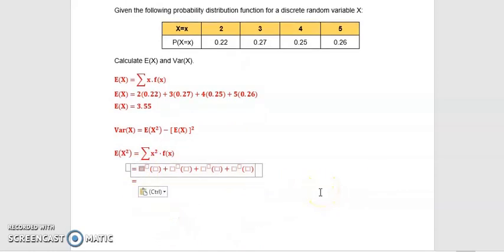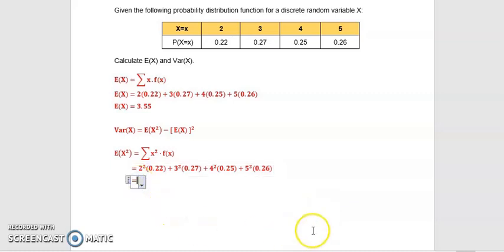So the first value of x is 2 square multiplied by probability 0.22, and then plus 3 square multiplied by 0.27, and then 4 square multiplied by 0.25, and the last one 5 square multiplied by 0.26. So E(x square) is equivalent to 15.81. So what is variance of x?